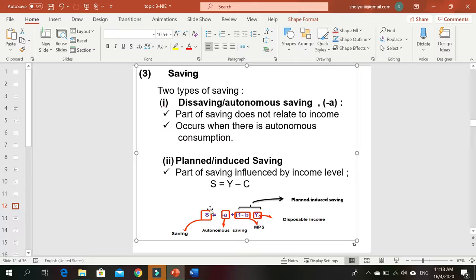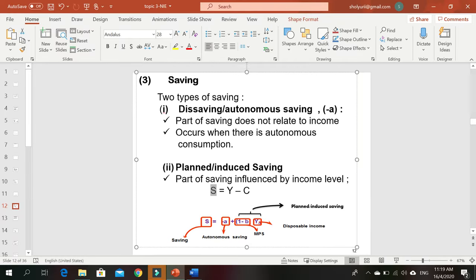So, formula dia, kalau kita nak cari saving, income tolaklah consumption. Baru kita tahu berapa banyak kita boleh simpan. Dia punya equation, saving is equals to negative A sebab autonomous saving. Untuk plan ataupun induced saving, dia akan jadi terbalik nilai untuk plan consumption.